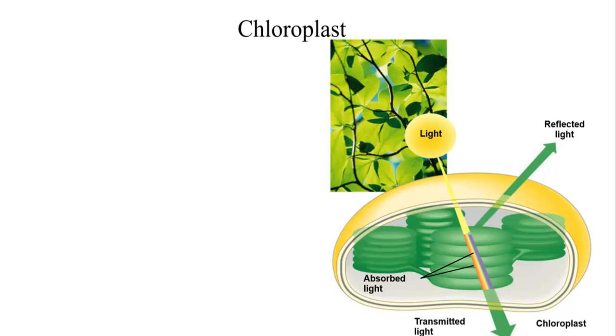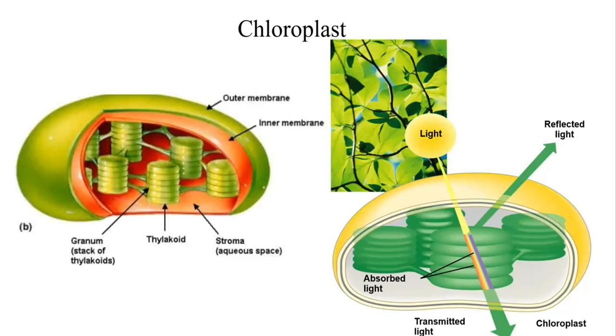This gives the structure of chloroplast, and I'll be discussing it in the next slide. You can see chloroplast is a double layered membrane, that is, it has an outer membrane and an inner membrane, and within the inner membrane is the stroma, the inside part of the chloroplast.